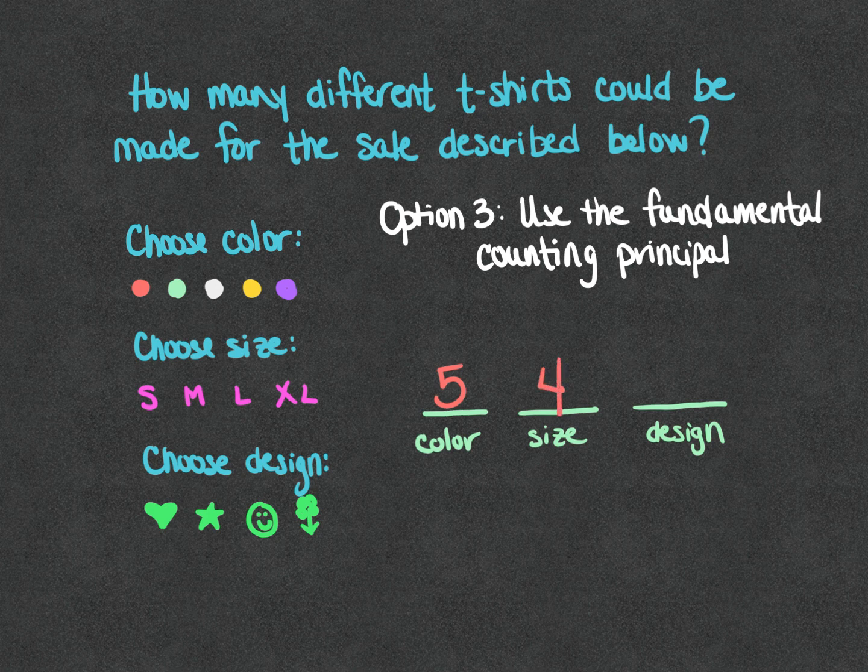And when it comes to design, I also have 4 choices. If we then multiply those numbers together, that will give us the total number of different t-shirts that could be designed, taking into account the color, the size, and the designs available. So by multiplying those together, we will come up with 80 different possibilities.